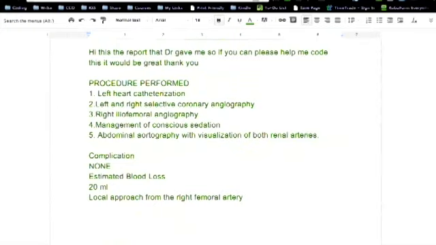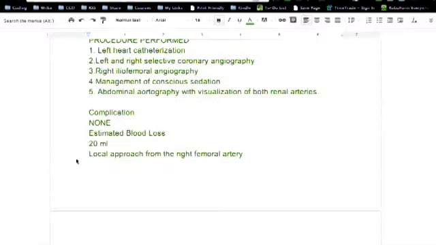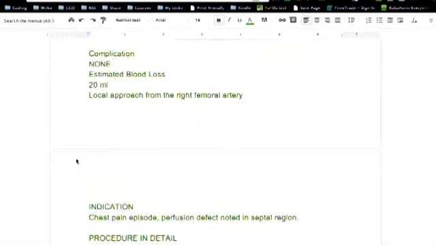So I'm not going to repeat that. The thing here, complication, none. Okay, there was no complication, so we get to move aside from that. Estimated blood loss, 20 mil, local approach for the right femoral artery. Scroll down just a little bit more, Laureen. Most of this stuff, keep going.